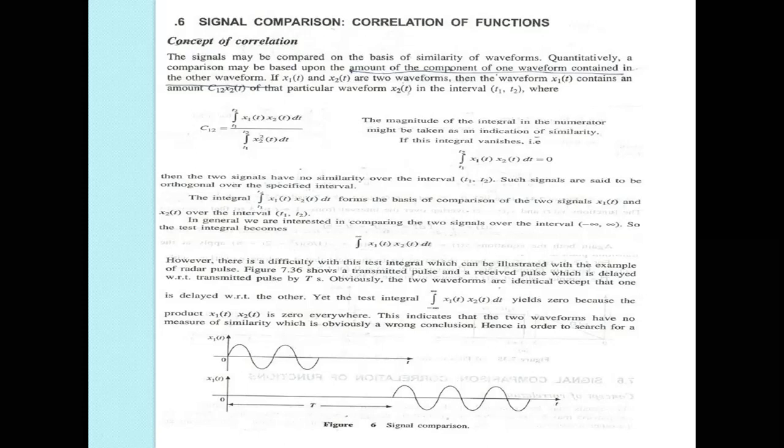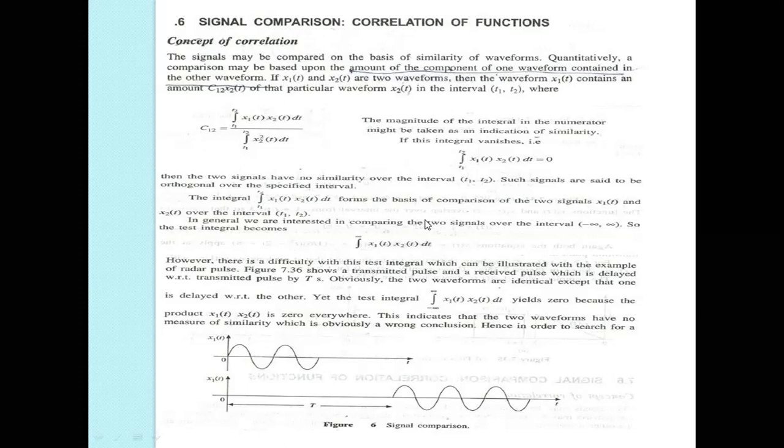Concept of the correlation: the signals may be compared on the basis of similarity of waveforms. Quantitatively, a comparison may be based on the amount of component of one waveform contained in the other waveform.